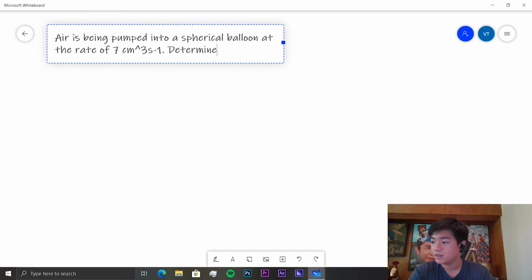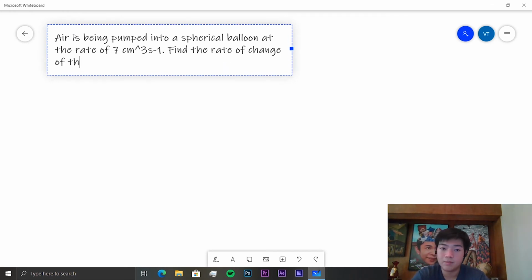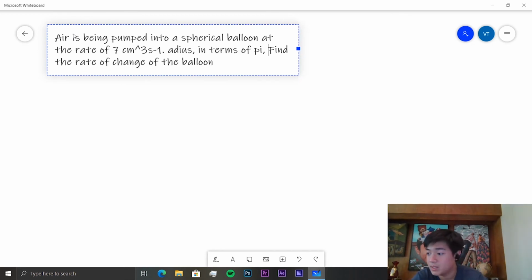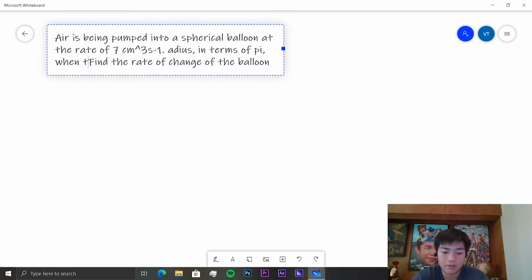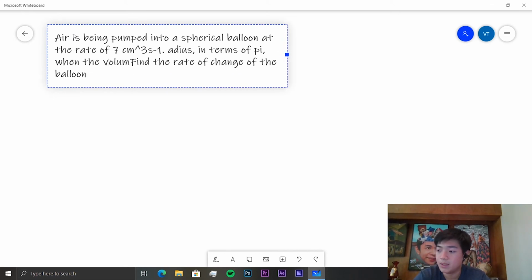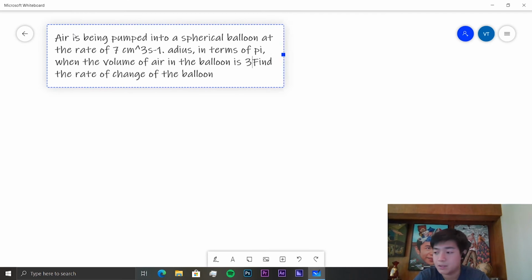Find the rate of change of the balloon's radius in terms of pi when the volume of air in the balloon is 36 pi centimeters cubed.